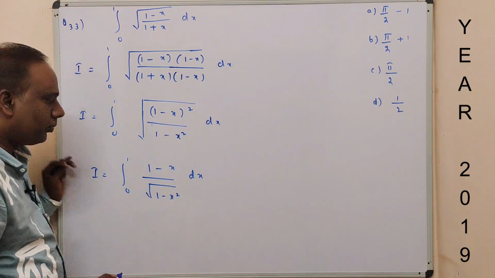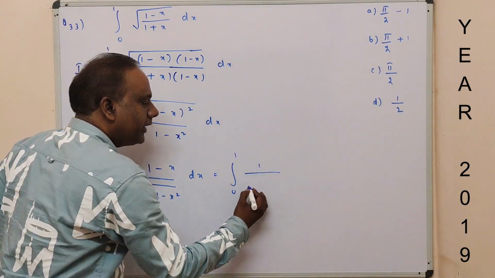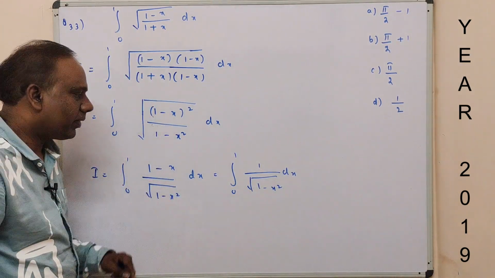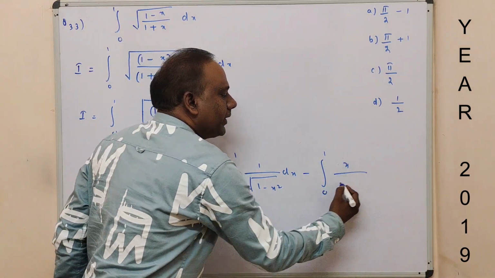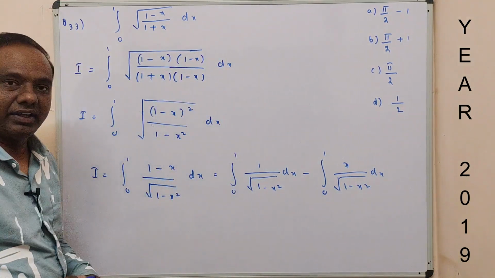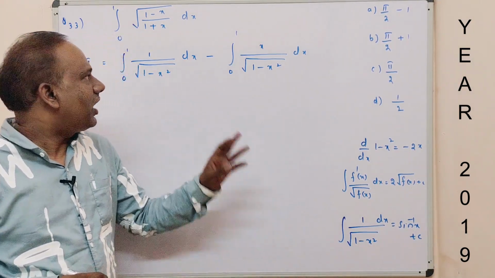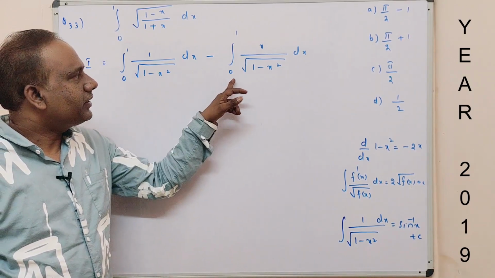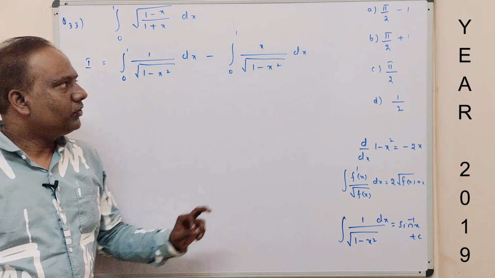Now we can split into two parts: the integration from 0 to 1 of 1 by root of 1 minus x square into dx, minus the integration from 0 to 1 of x by root of 1 minus x square into dx.